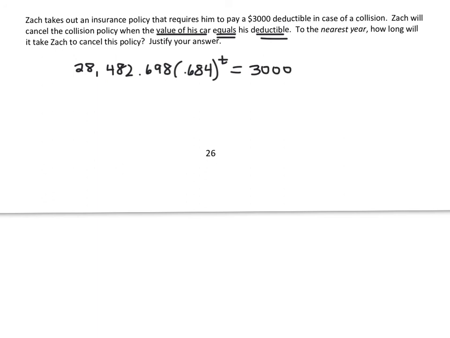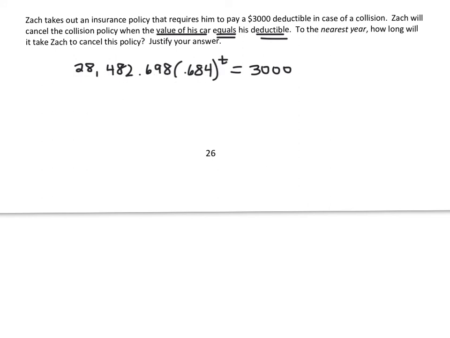Since we're solving for an exponent, we're going to have to use logs. So we have to get this base that contains the exponent by itself first. Why don't you try to solve this on your own, and then you can hit pause and play and see how you did. The first thing we had to do was get this base to the t power by itself.